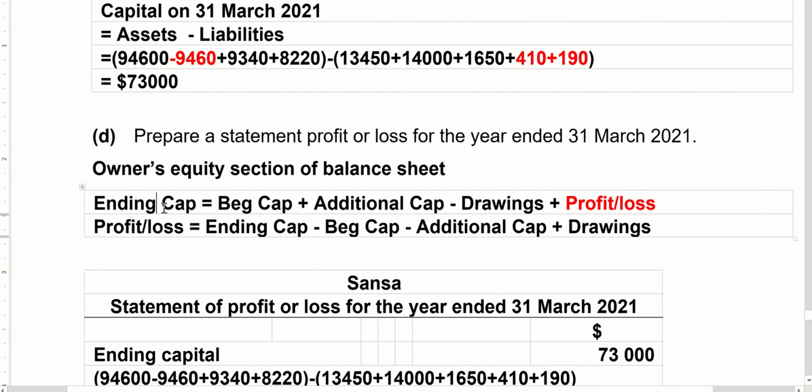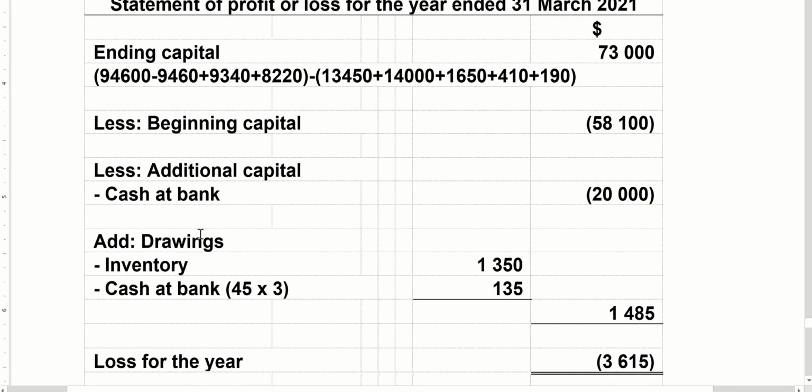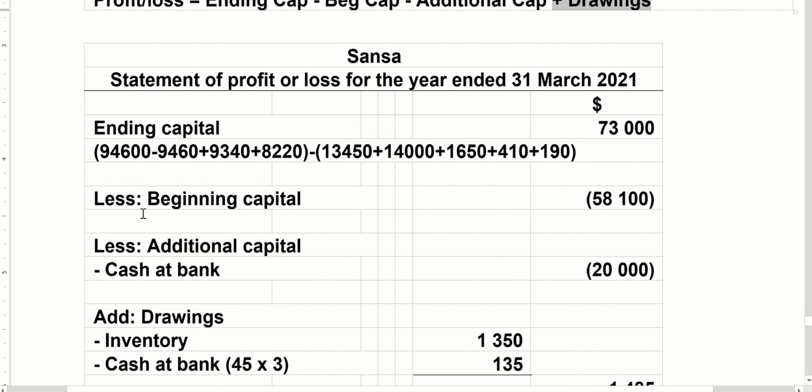Beginning capital, when you move over to the ending capital side, you take ending capital minus beginning capital. Additional capital, when you move over to the ending cap side, you take minus additional capital. And then minus drawings, you take plus drawings. Using this, you should be able to prepare your statement of profit or loss.